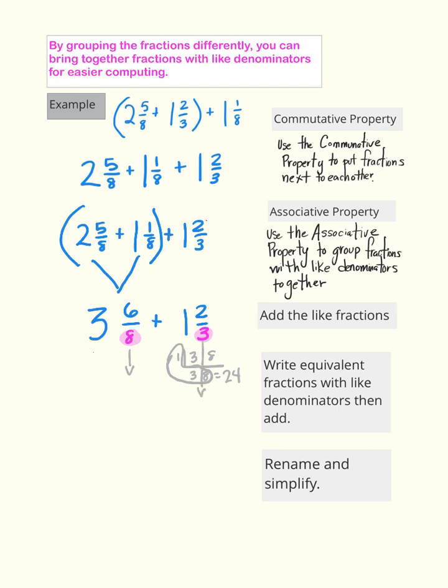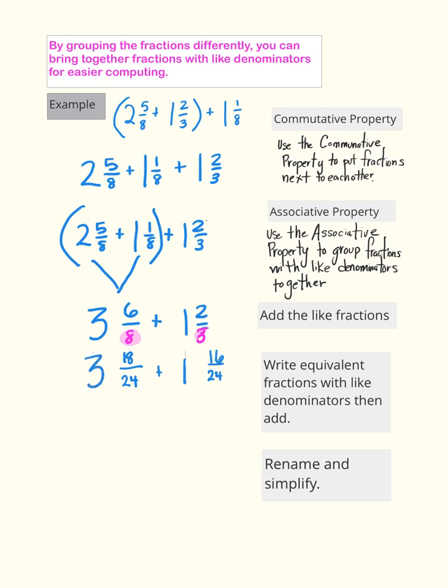So just going to erase that. So my LCD is going to be 24. So I'm going to multiply by 3. So 6 times 3 is 18, plus 2 times 8 to get 16.